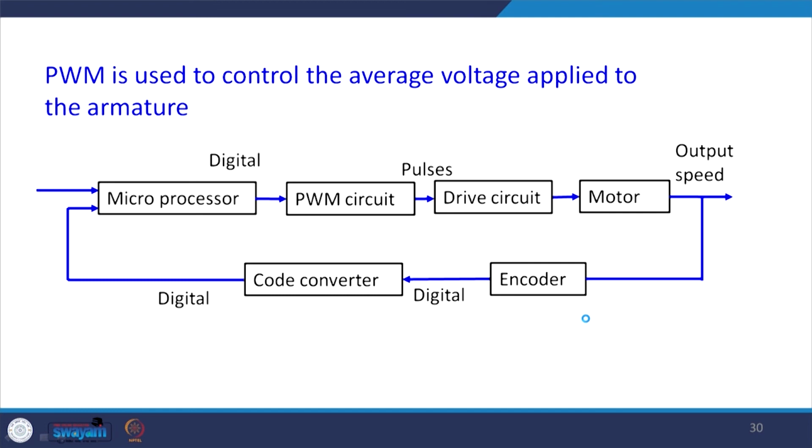And if we have PWM used to control the average velocity for the armature, then in that case what happens, you have the motor output shaft connected through the encoder shaft here, and this digital signal with the help of a code converter is converted, the conversion of the code for the encoder rotation is done, and this is sent to the microprocessor, and from here we have the PWM circuit and the drive circuit.